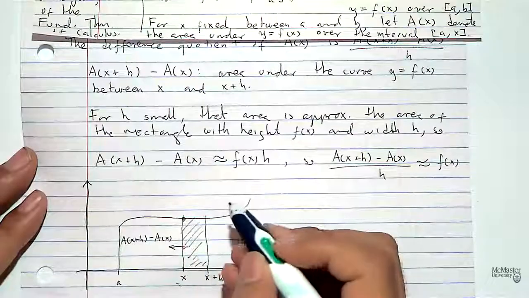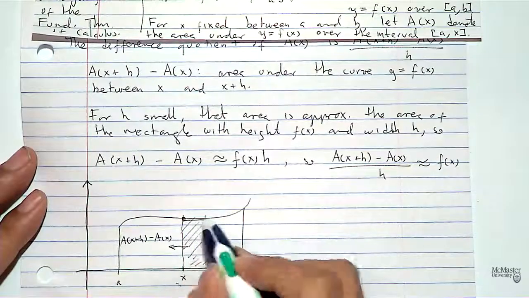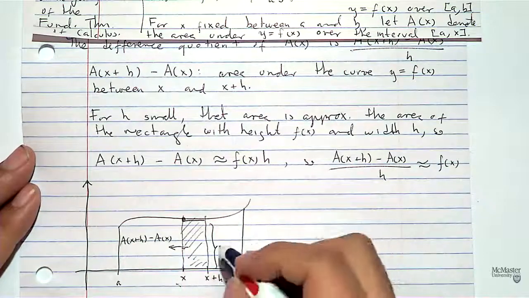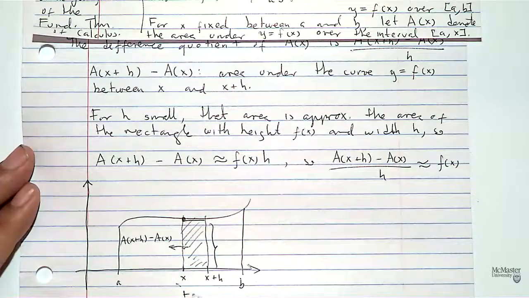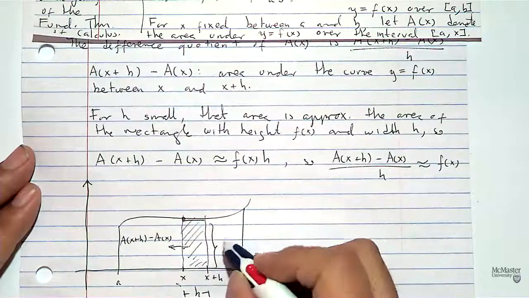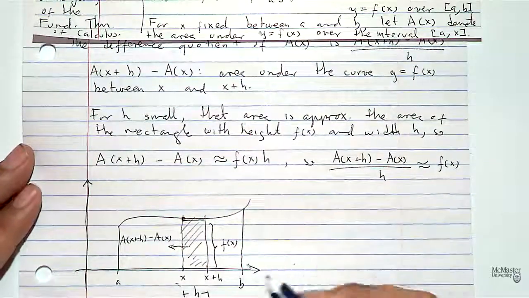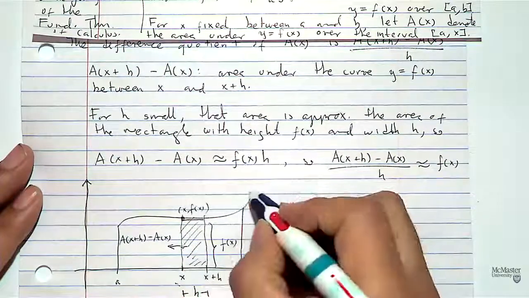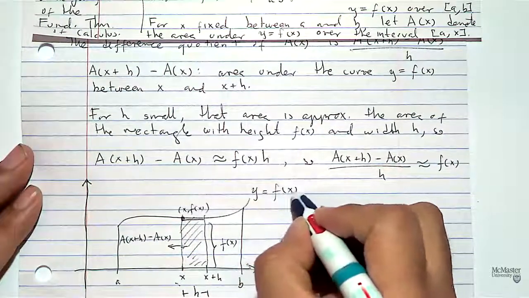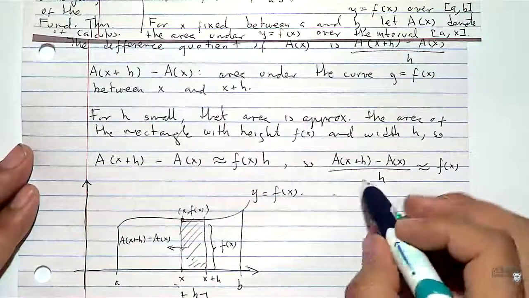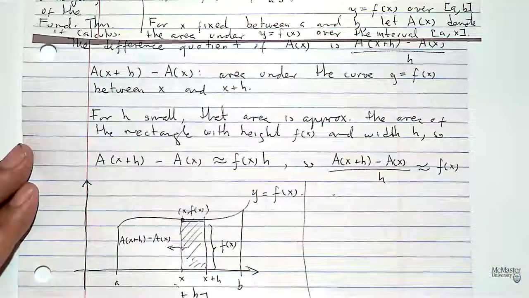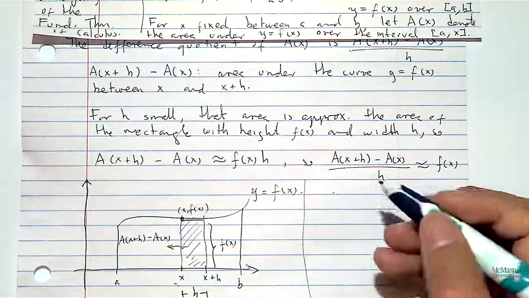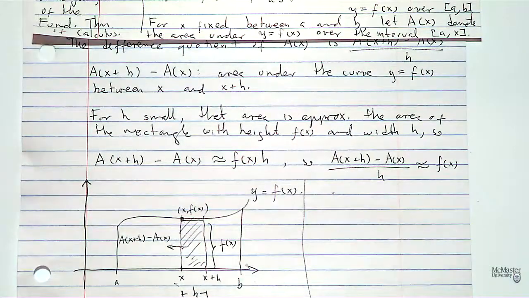And approximately, we again approximate the area by these bars: a bar of width h and height f of x, where this is the point x, f of x, and this is the curve y equal to f of x. So here we have this. Now, this is an approximation, but what we know is that we converge to an equality when we take the limit.